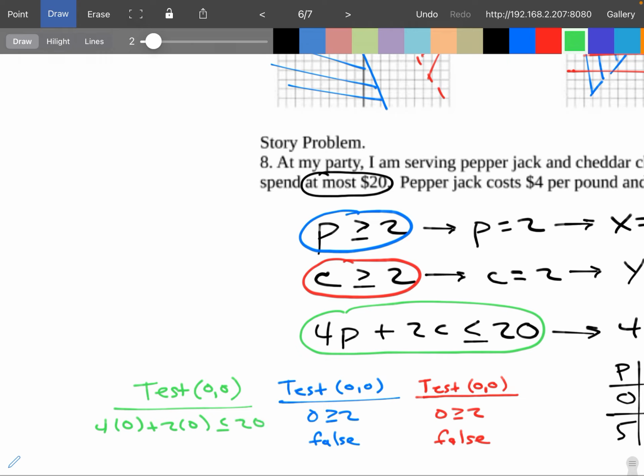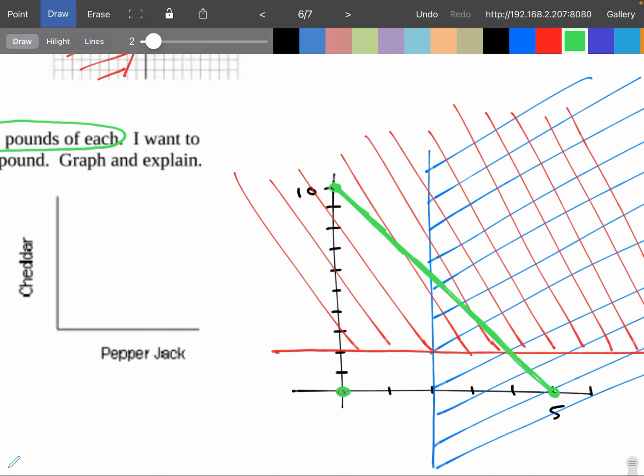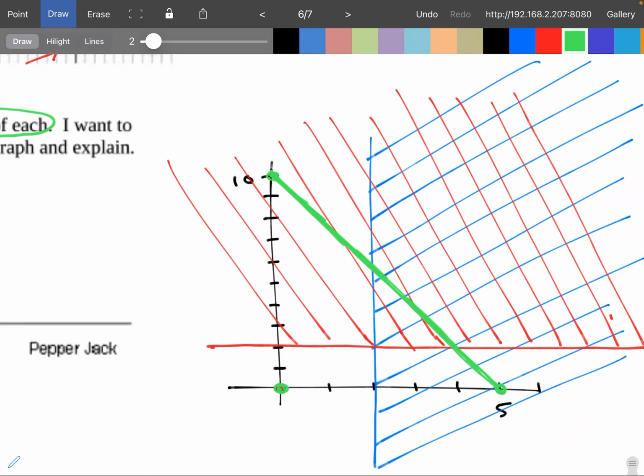All right, then we're going to test 0, 0 again. And we got to test it in that green original inequality right there. Well, hopefully you guys can see by now, but I'll write it out for you. It's 4 times 0 plus 2 times 0 is less than or equal to 20.